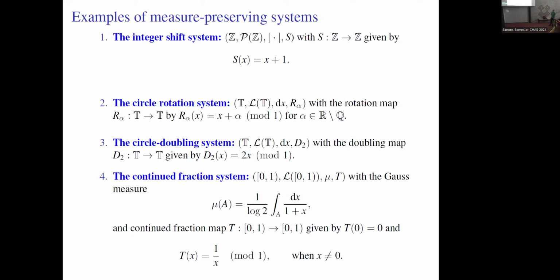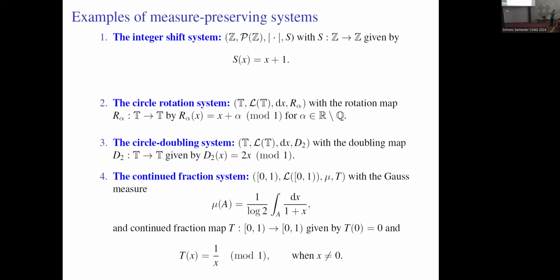Presumably the simplest one, and this example is important from the point of view of pointwise convergence problems in ergodic theory, is the shift integer system. So this is the set of integers with the sigma algebra of all subsets of Z, counting measure, and the shift operator, which takes an integer x and transforms it to x plus 1 or x minus 1, depending on the context, if you want to consider the right shift or left shift.